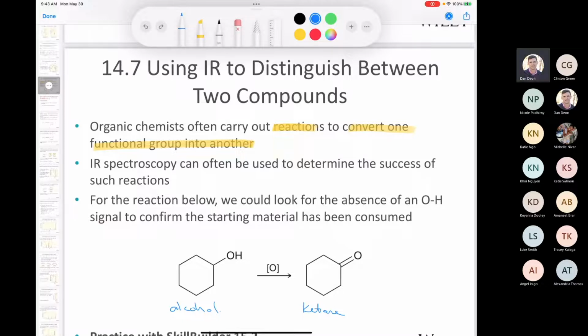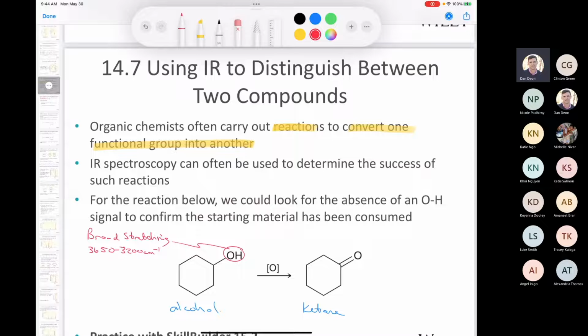You could monitor it using infrared spectroscopy, because for the alcohol, if we run an IR on it, we're going to see that broad oxygen-hydrogen stretching. We'll see broad stretching from the oxygen-hydrogen bond, which is capable of hydrogen bonding, from 3650 roughly to around 3200 reciprocal centimeters, I think is what's on our table.